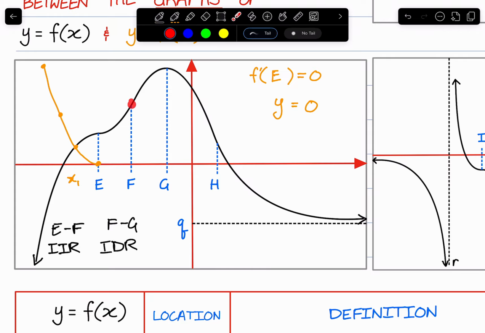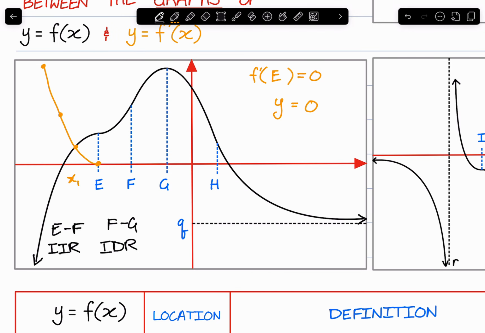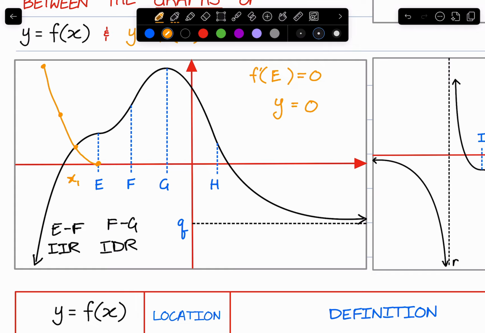That must mean at F, there is a point where the gradients are as steep as they're going to get. So it looks something like this. Then by the same logic, it's going to come back to be a stationary point at G.